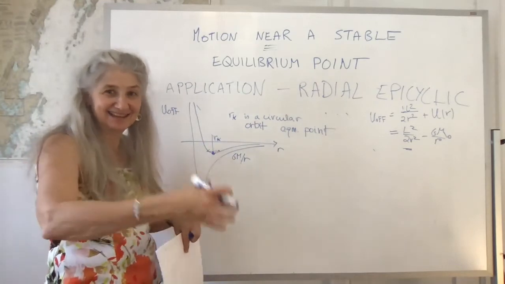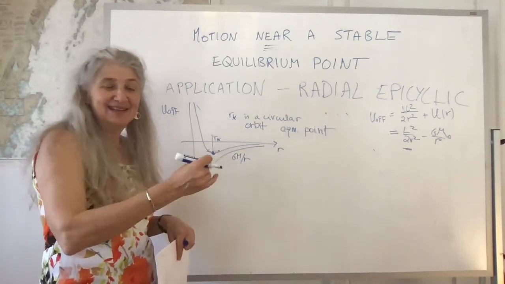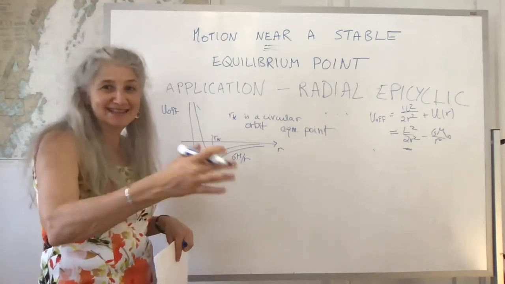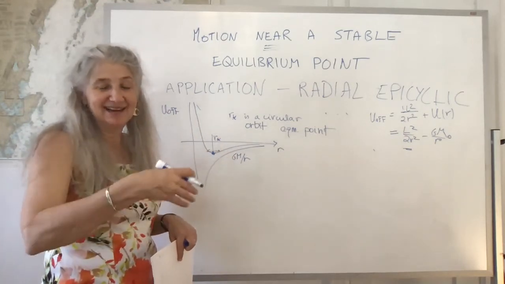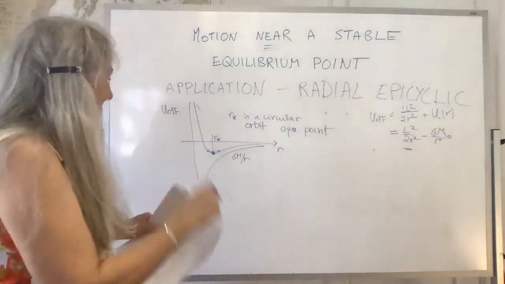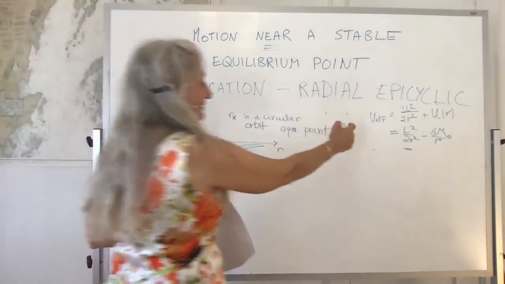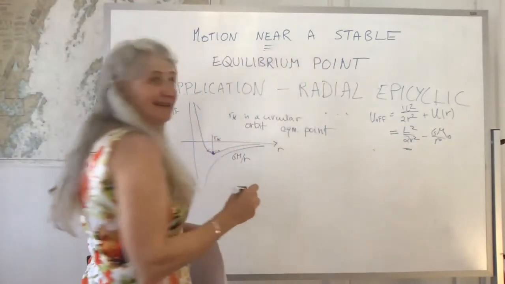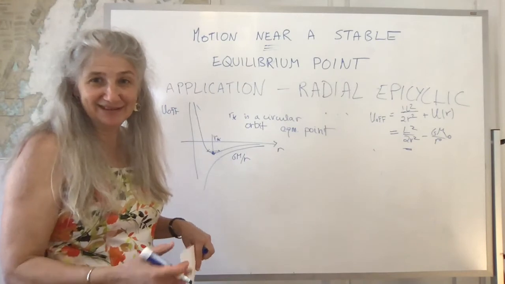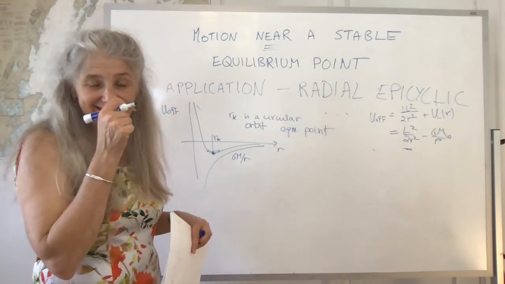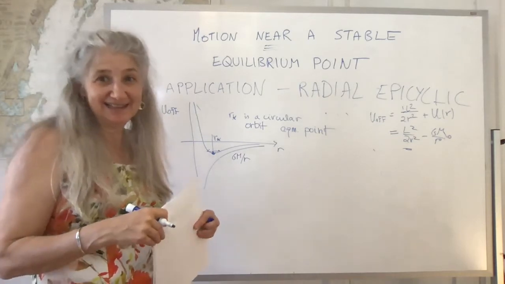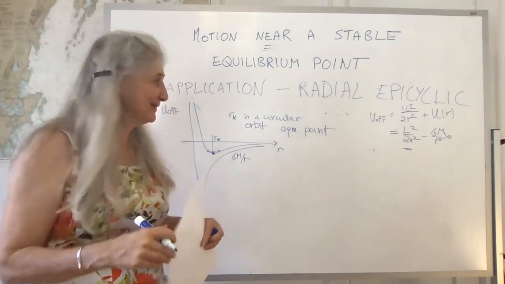The epicyclic motion is about the frequencies of those radial oscillations. So we can take our effective potential and take its second derivative, and that will give us this effective spring constant that is related to the epicyclic frequency.